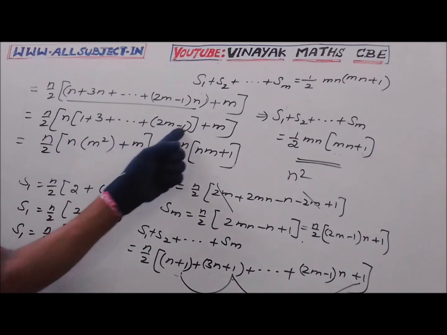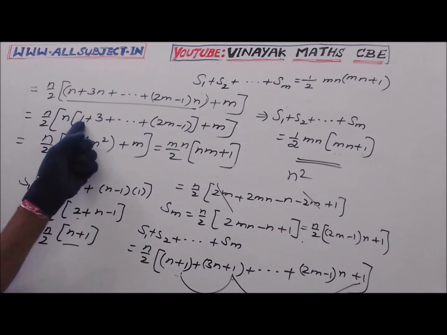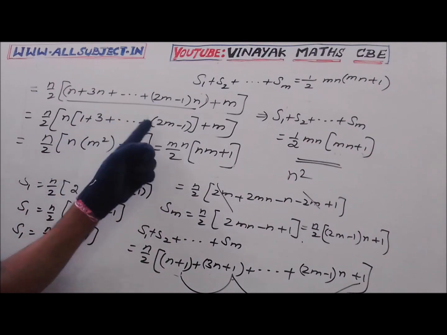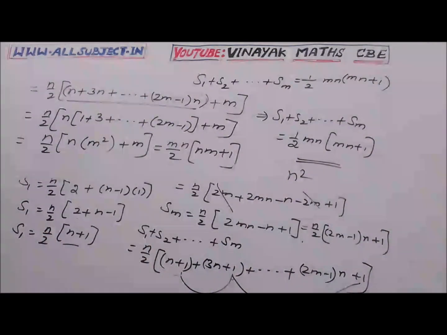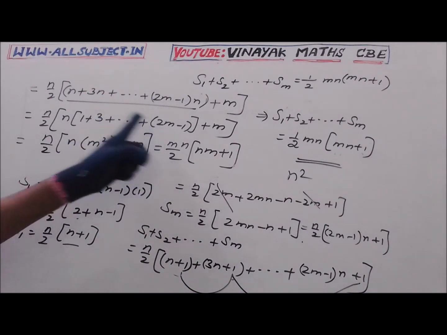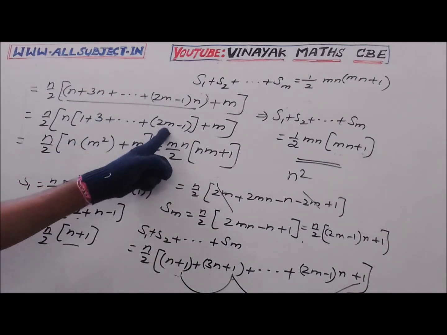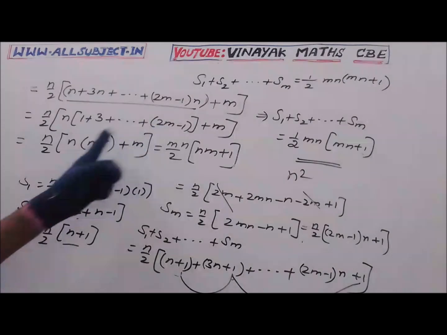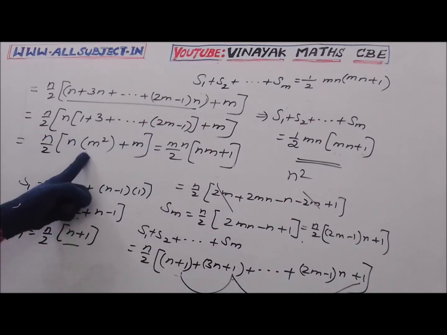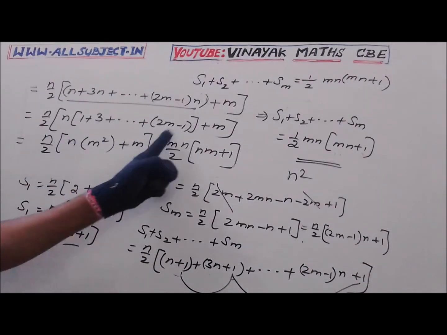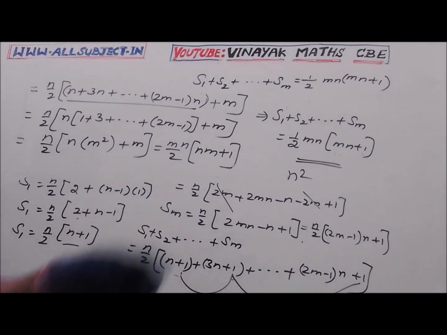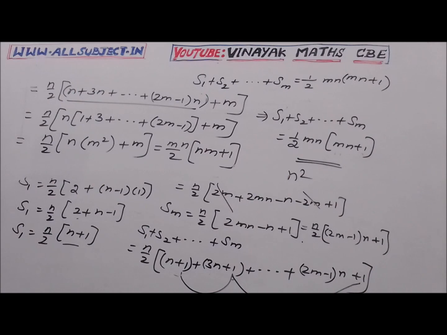When we add odd numbers with n terms, the sum will be equal to n square. So here there are m terms, m odd numbers whose sum will be equal to m square. So n into m square plus another m is here. Taking m as common, we will get mn by 2 into mn plus 1. That is our required answer.